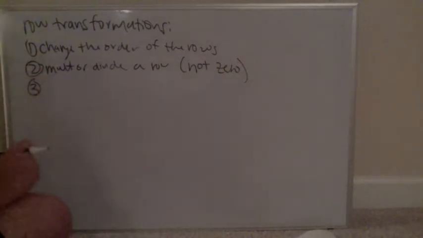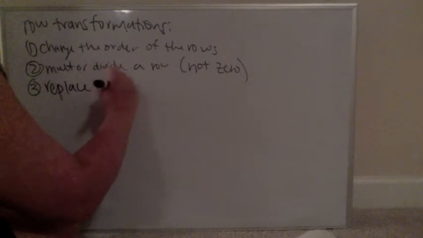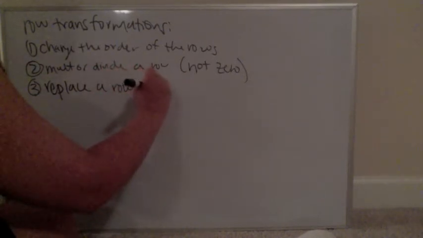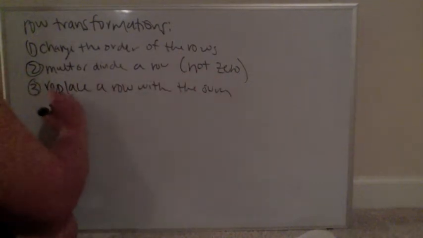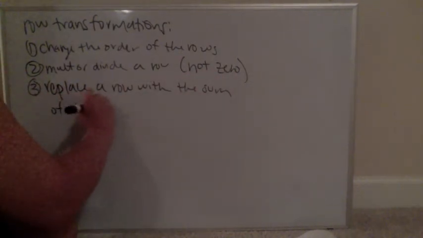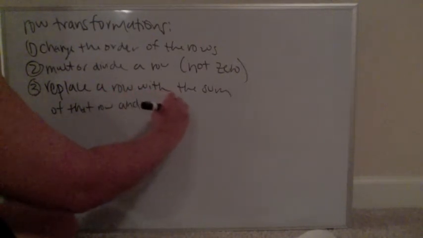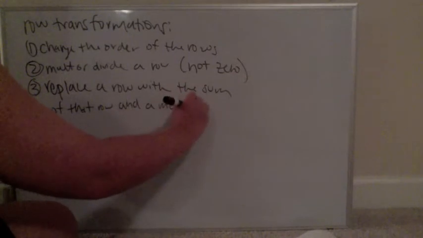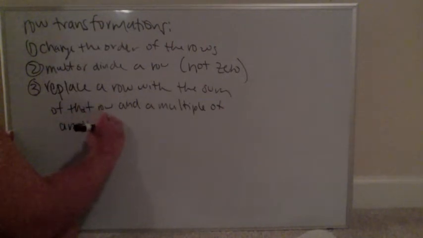And the third row transformation is you can replace a row with the sum of that row and a multiple of another row.